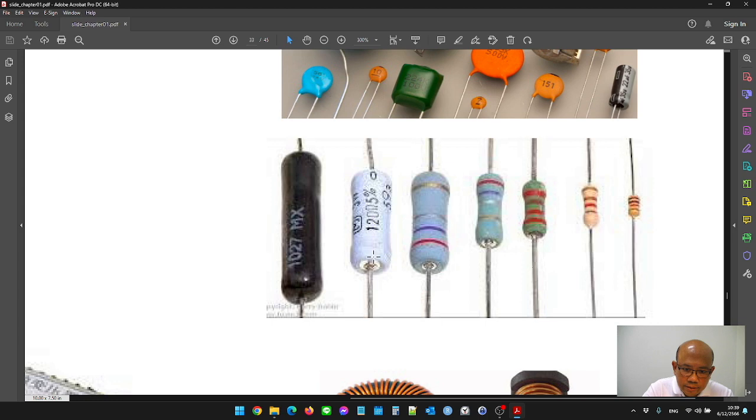Here the resistance has a value of 120 ohm, 5% error. This one has no label about the resistance, but the chip maker scans the color bands to show the code of the resistance. You can check the code of the resistance on the internet. I will search and show you.